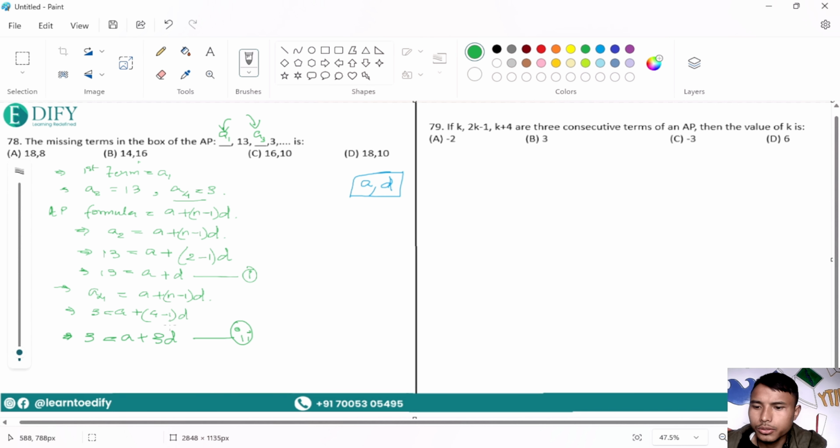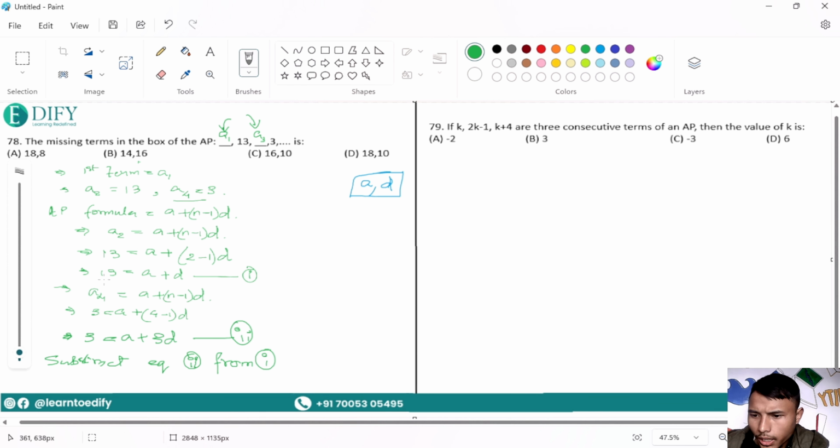Here we use the elimination method. We take the first equation and second equation to eliminate A. So we subtract equation 2 from 1.